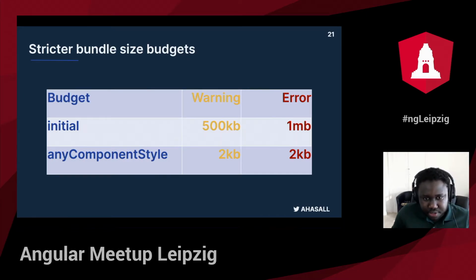If it is more than that, you will see a warning. And if it is more than 1 megabyte, you will see an error. And by the way, there is an error on this slide, because the limit before you get an error for your CSS is 4 kilobytes. So here it is 4 kilobytes, not 2 kilobytes for error.